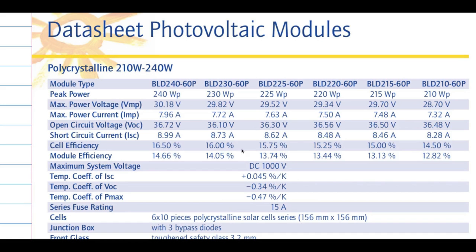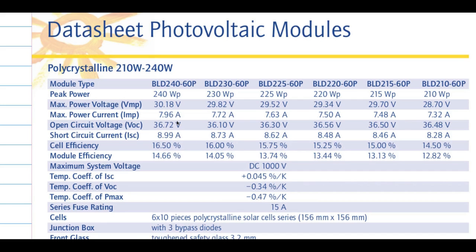characteristics. We will look at one typical panel of a particular wattage, which is 240 watt peak, and try to study each of the parameters and see how they map to the IV characteristics that we have studied.